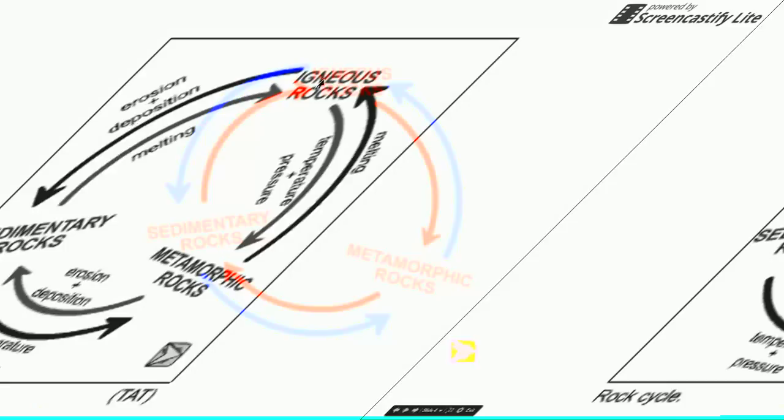So you'll notice that both things that say erosion deposition lead to sedimentary rock. And anytime melting occurs, it can go back to the igneous rock, where if the magma then cools, it becomes igneous rock.